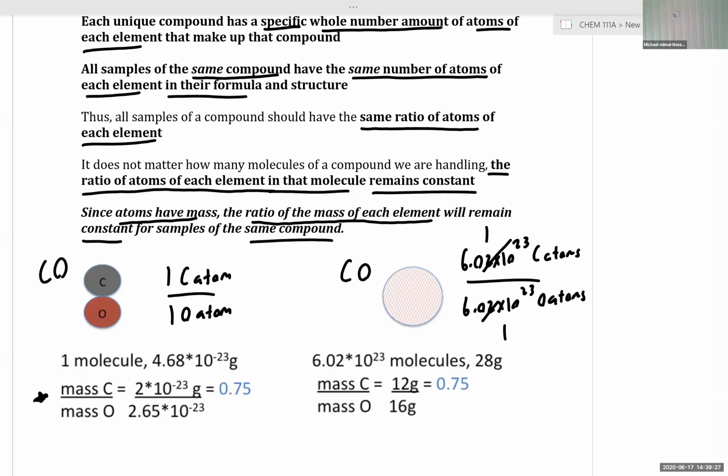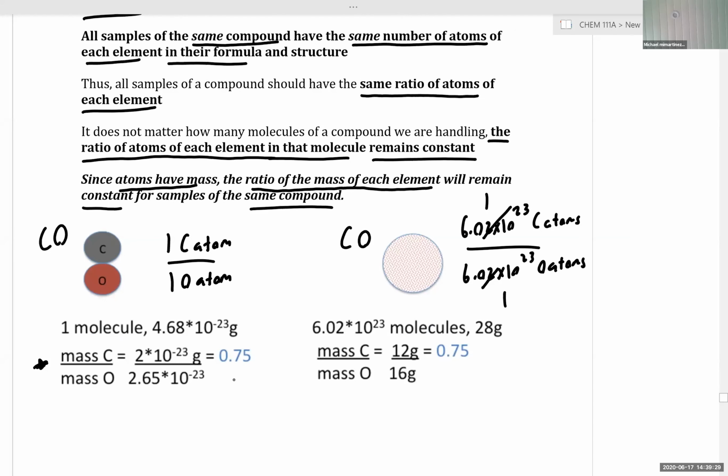Further, is the mass ratio also the same for these 2 samples of carbon monoxide? Is the mass ratio for each of our elements the same? Yes, it is. And we can utilize this fact in order to figure out the mass of one element in a compound given the mass of another element in that compound.